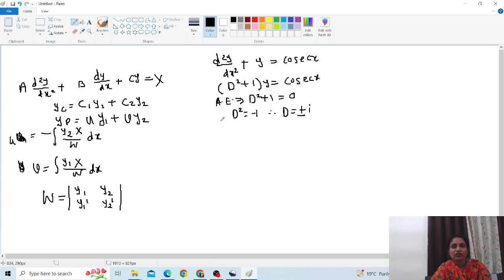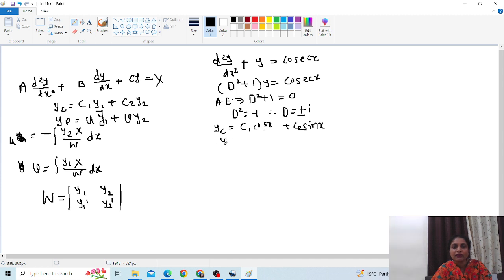Imaginary it is. So by the rule number 3, yc is equals to, how many constants should its solution have? 2, as we are having two roots. It will be c1 cos x plus c2 sin x. Now as I said, whatever is there along with c1 is your y1.